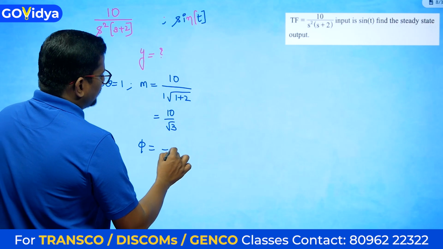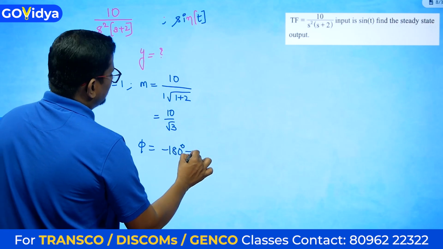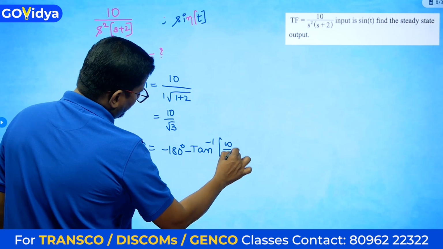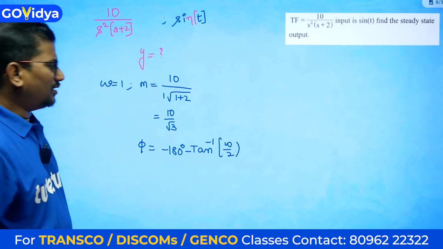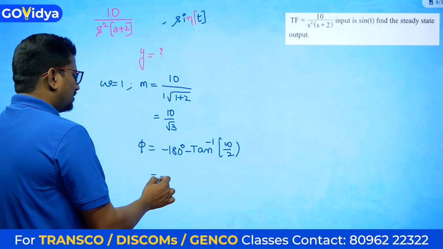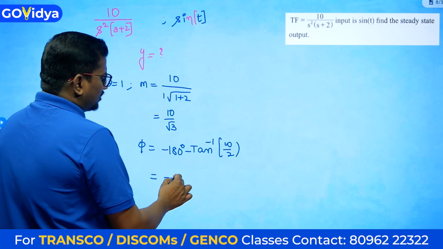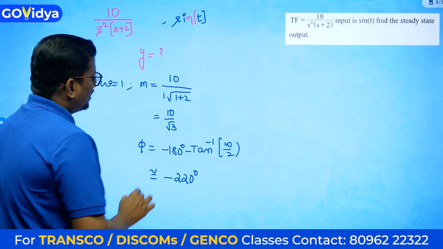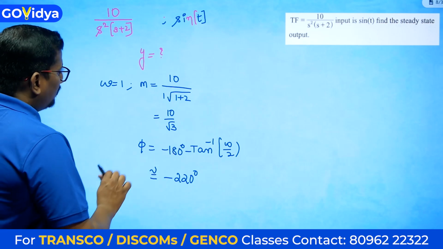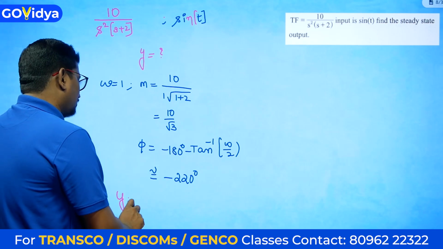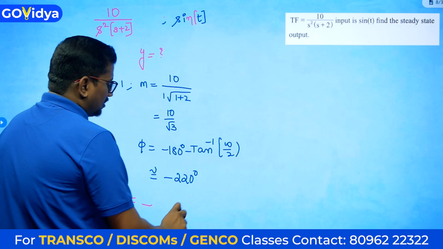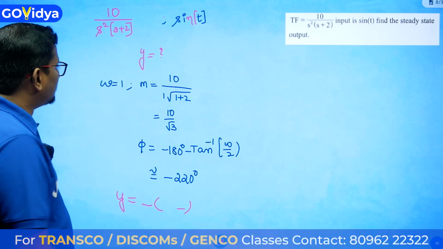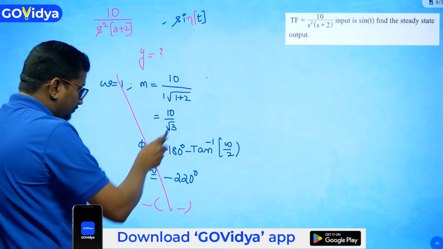Phase I can say minus 180 degrees minus tan inverse of omega by 2, with omega equal to 1, and you will get some, let us say, minus 220 degrees something, approximately. Then you will write the output equation, something A, this input with angle. First write this and strike off the entire thing.